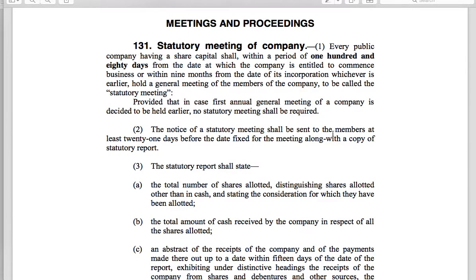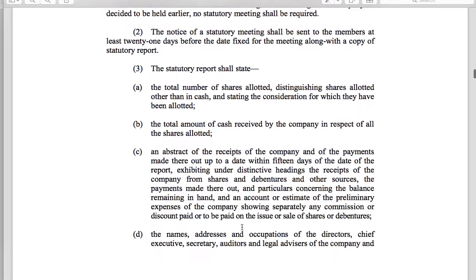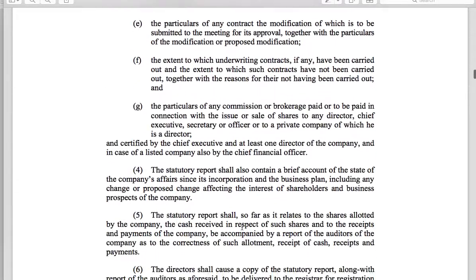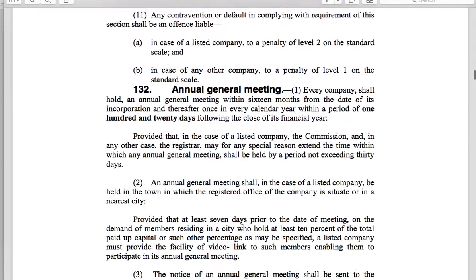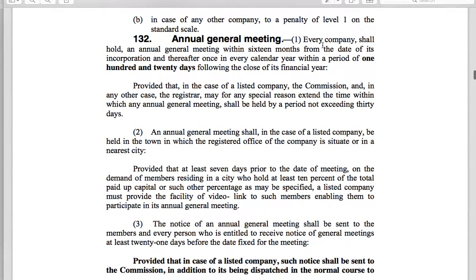Now, every public company has to hold a statutory meeting within a period of 180 days and discuss all of these requirements. This is for public limited companies. And the annual general meeting is for every company.